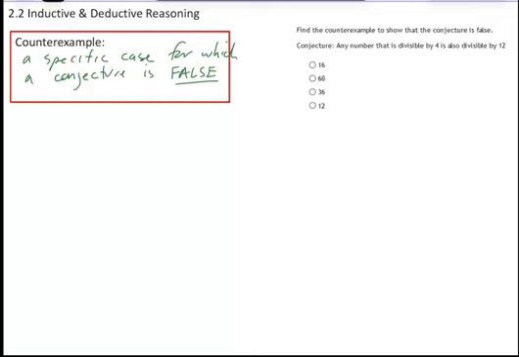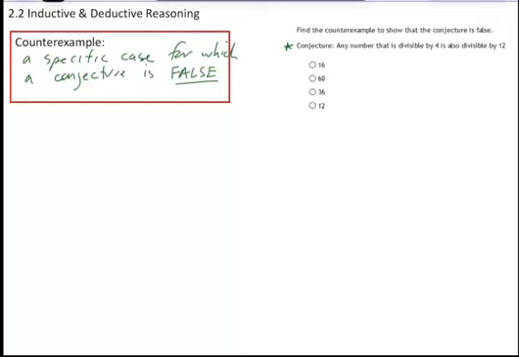Okay, so I want you to see if you can find from the 4 options given here which is a counterexample to show that any number divisible by 4 is also divisible by 12 is a false conjecture. Okay, so you're looking for which of these numbers, 16, 60, 36, or 12, is divisible by 4 but not divisible by 12, right?